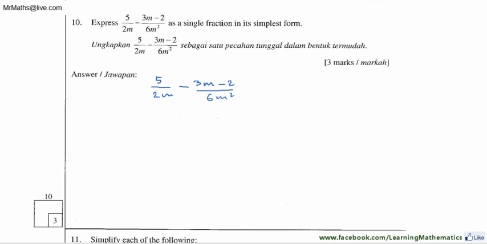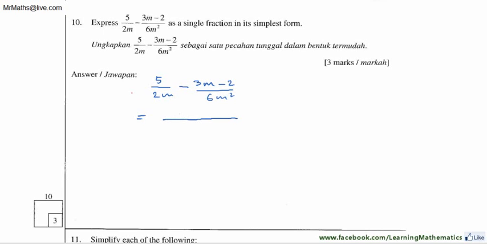Okay, we need to make it into a common denominator. How do we do that? Okay, we can multiply the left hand side with m.